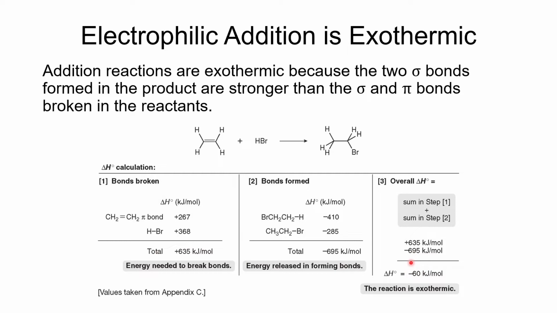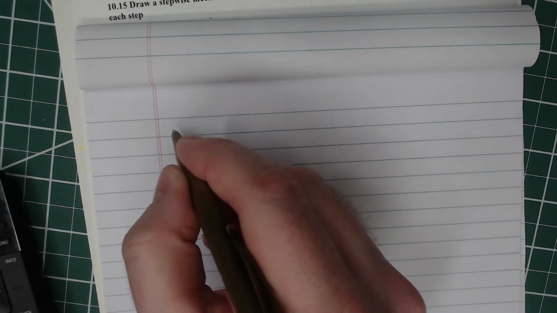Now, one thing I like to point out about this is this reaction, it is exothermic, and it doesn't just make this reaction more favorable, it makes it possible for this reaction to occur. So I'm going to switch over to my document camera here for just a moment, and we're going to look at an equation that you are familiar with.